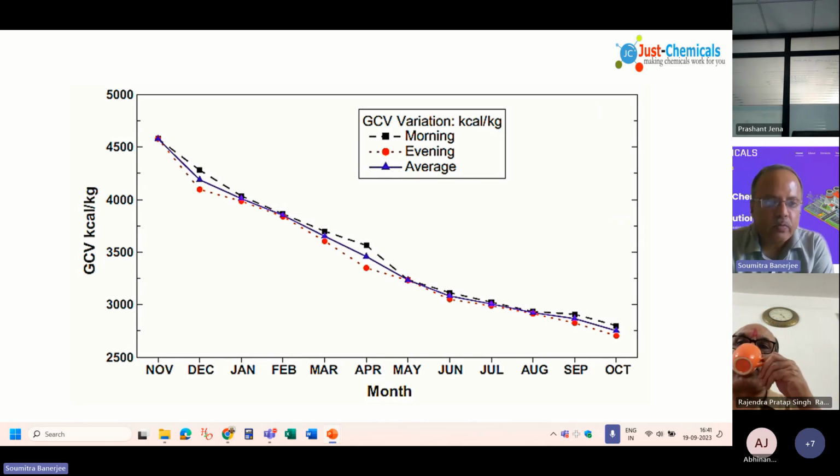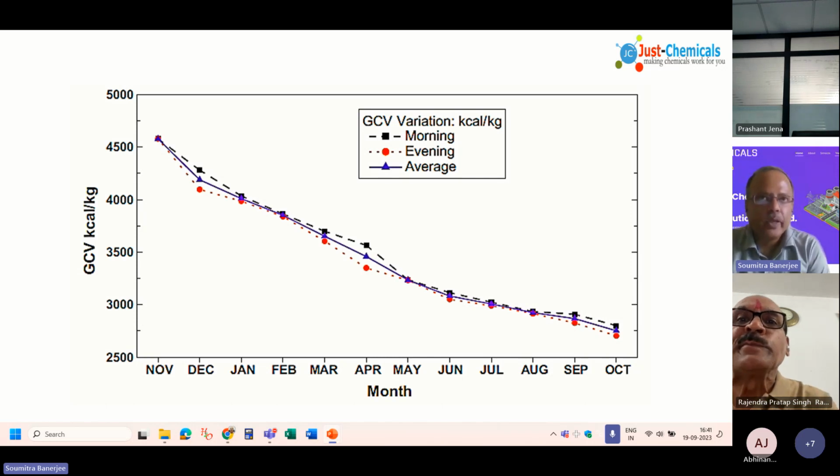If you consider from 4,500, 4,600, within 6 months, it has almost dropped by 1,000. So 1,000 GCV in terms of rupees, you can calculate because you are purchasing the coal as rupees per kilocal.